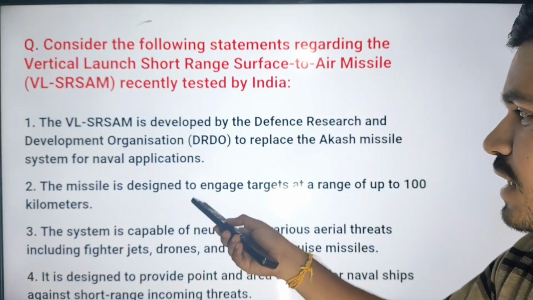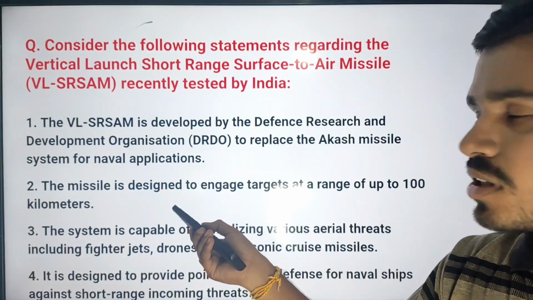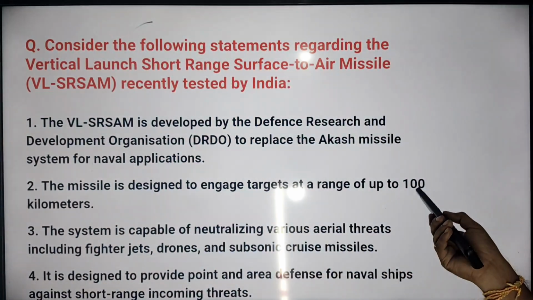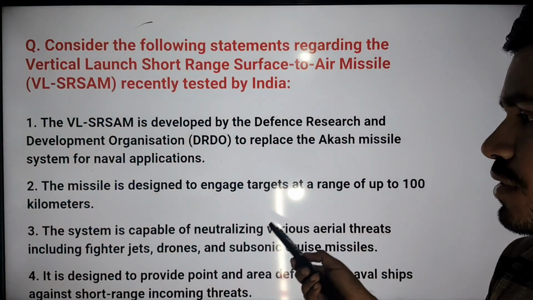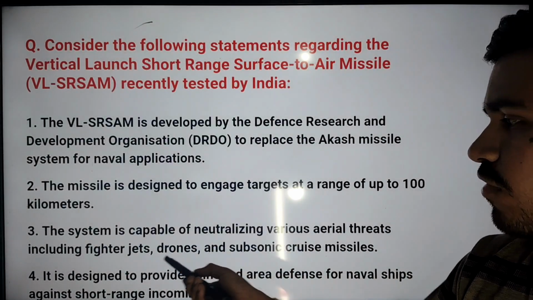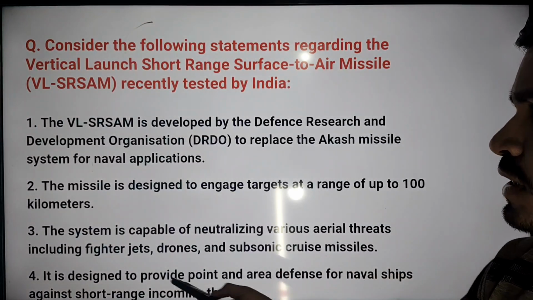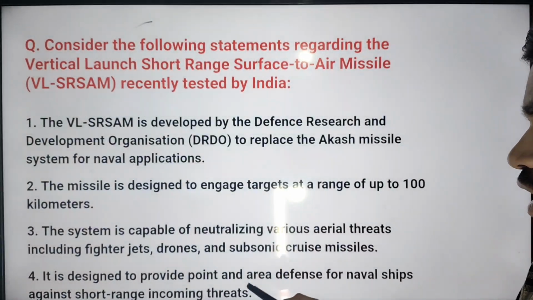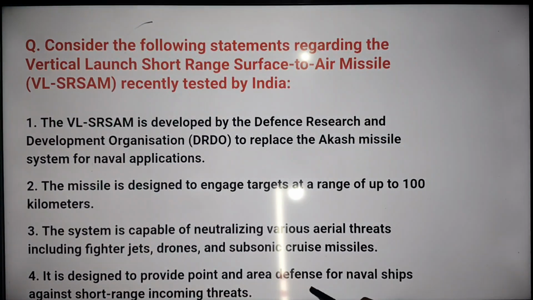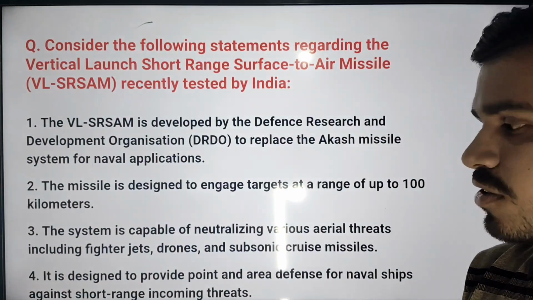The missile is designed to engage targets at range up to 100 kilometers. This statement is wrong because it is up to 40 kilometers range only. Next one, the system is capable of neutralizing various aerial threats including fighter jets, drones and subsonic cruise missiles. This statement also correct. It is designed to provide point and area defense for naval ships against short range incoming threats. This statement also correct.